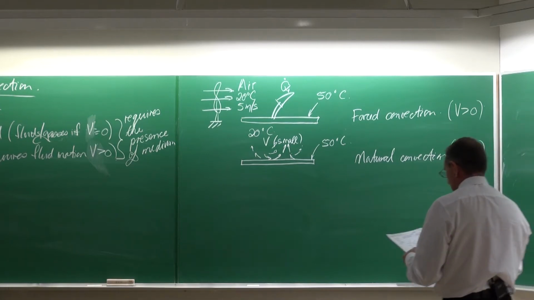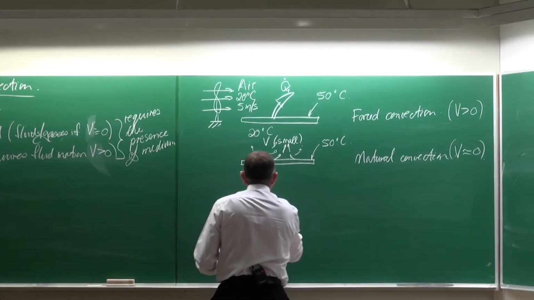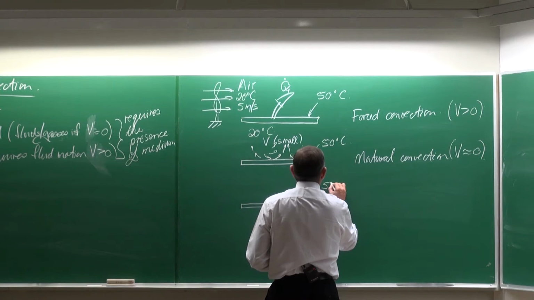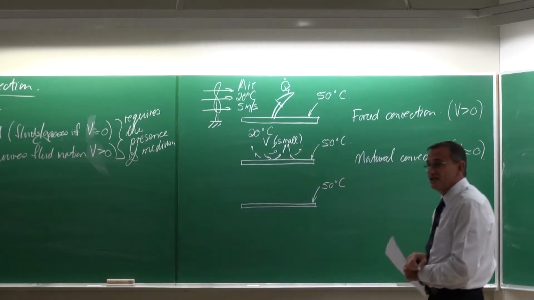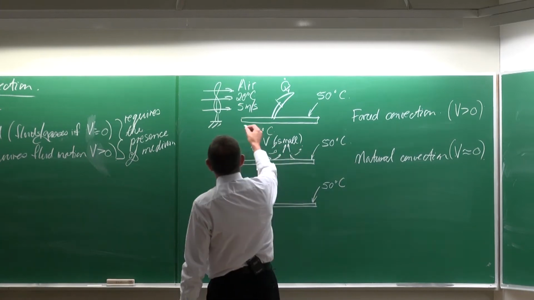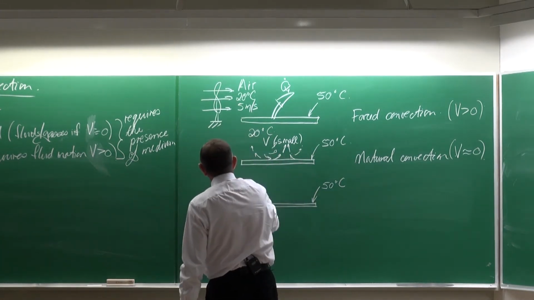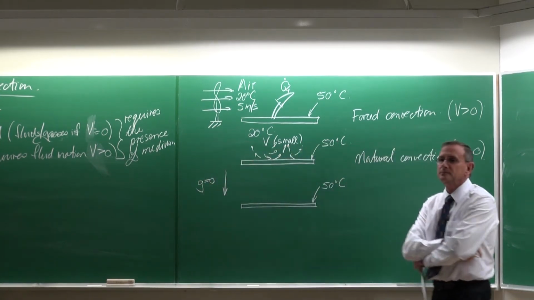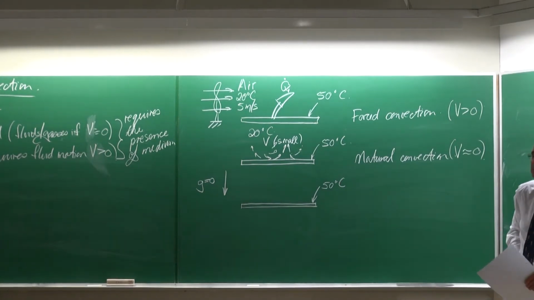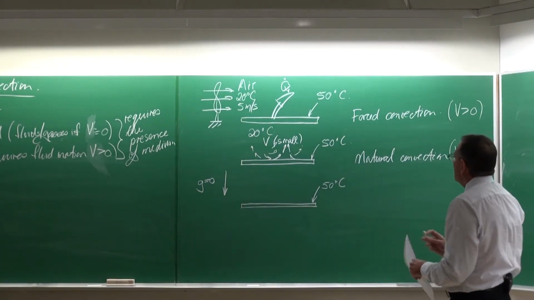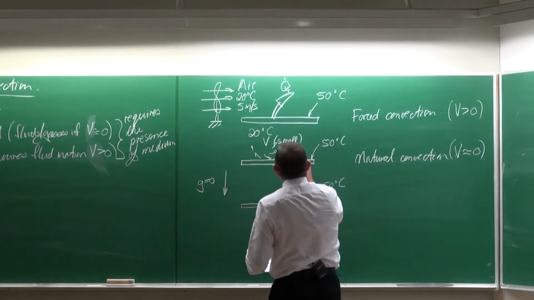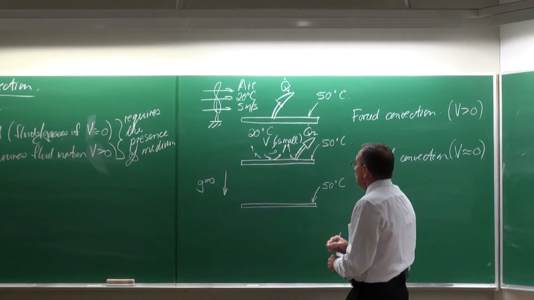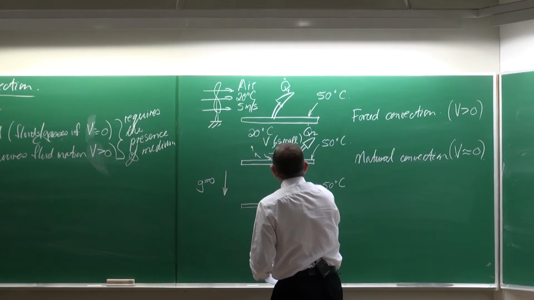Natural convection. And the third mode of heat transfer is where we've got this flat plate, again at a temperature of 50 degrees Celsius, but where previously we had gravity working in this direction, the gravity would be equal to zero. Okay, so gravity is equal to zero. That would be the heat transfer Q dot 2, and in this case it would be Q dot 3.